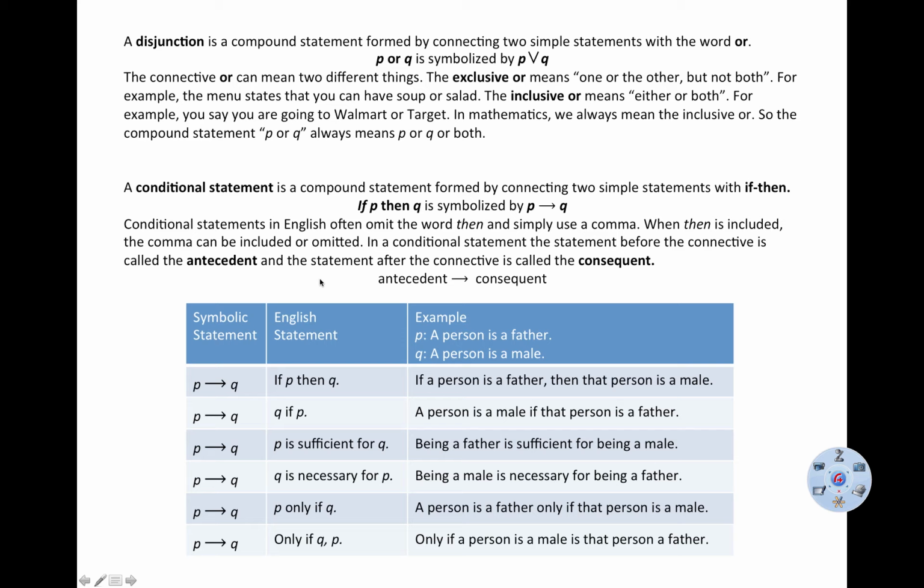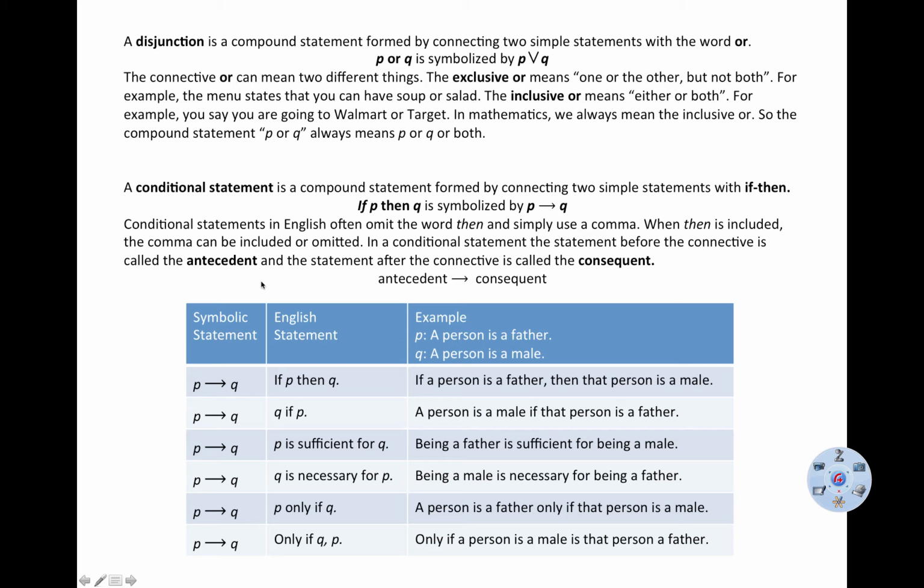In a conditional statement, the statement before the connective is called the antecedent, and the statement after the connective is called the consequent. So if the antecedent, then the consequent. Another one that's not in our list down here is we could interpret this as implies. The antecedent implies the consequent.